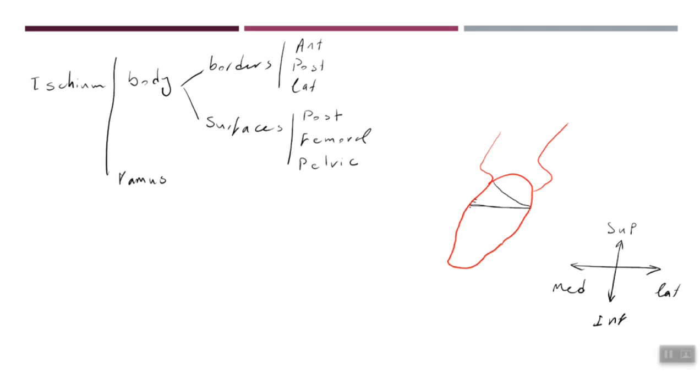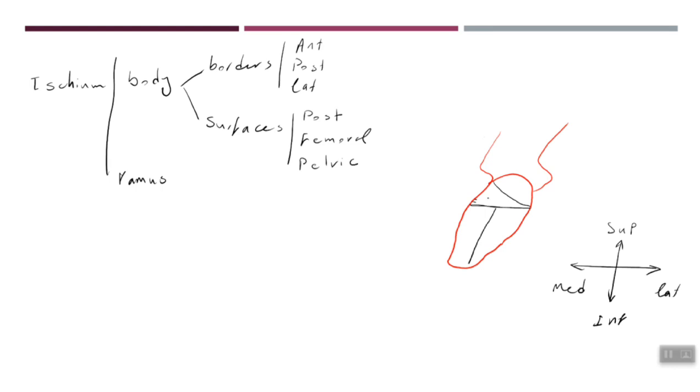Okay. By a transverse line, we divided the ischial tuberosity into two parts, upper part and lower part. The upper part is again divided by an oblique line into supralateral and infralateral. And the lower part is again divided by a vertical line into two parts, medial and lateral.